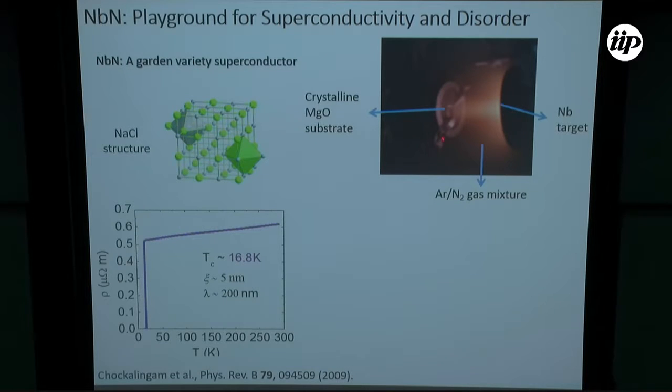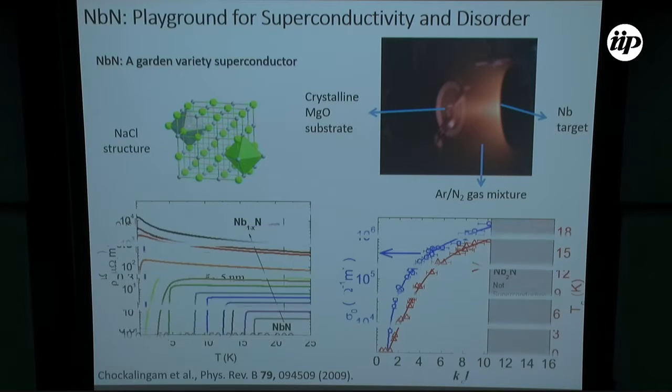We also realized that in this system we can control the disorder from a conventional state to a situation where it is very strongly disordered. So as you increase the disorder, the TC comes down, the resistance goes up, and eventually you get an insulating-like behavior. So the disorder here is in the form of niobium vacancies. This I would like to stress. It's not nitrogen vacancies. It's niobium vacancies here.